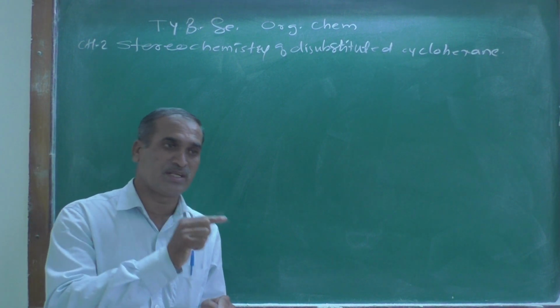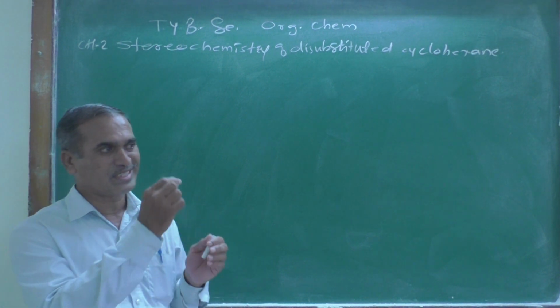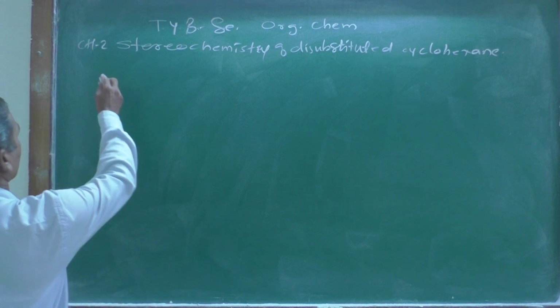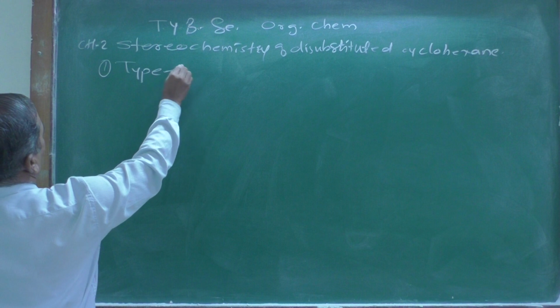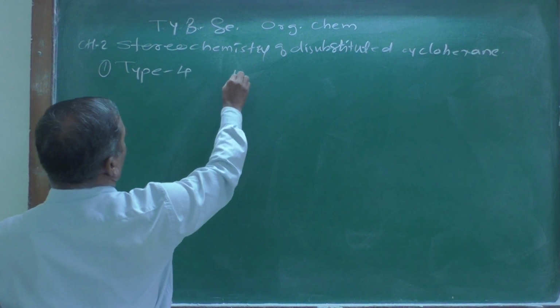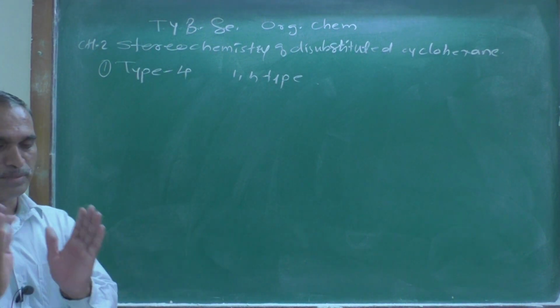It is present in cis as well as trans, right? Now, the first part, A, we have seen. We are talking about type number 4, which is the 1,4 type, and the A part we have completed.